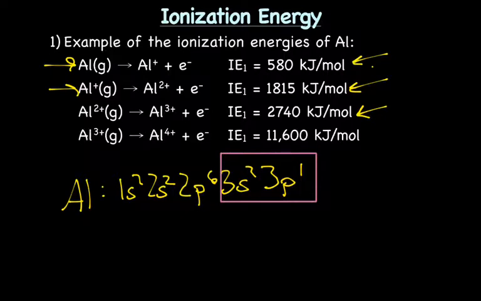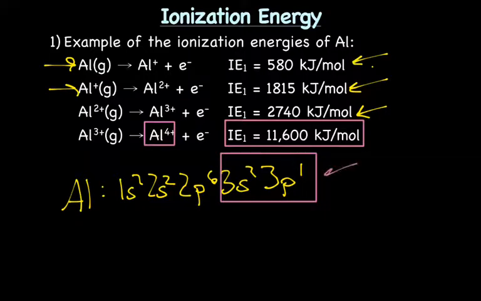But then look, once you try to remove one of the core electrons to get to Al4+, there's a huge jump in the amount of energy. Why is that? It goes back to effective nuclear charge.